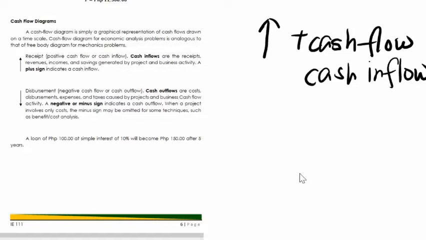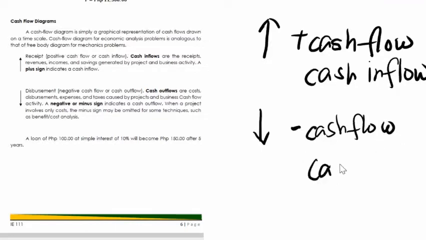Next one is the downward direction of cash flow. So this is what we call the disbursement. So negative cash flow or other term is cash outflow. So negative cash flow or cash outflow.